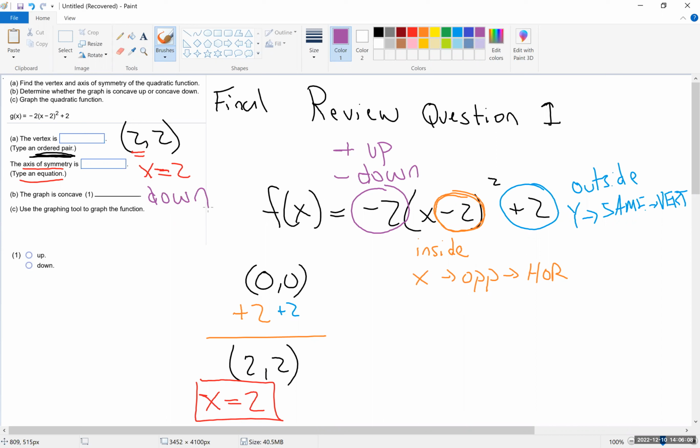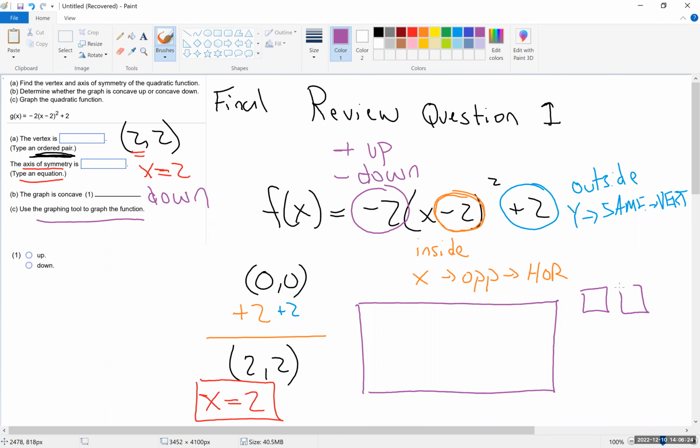Okay. Now, when it says use the graphing tool to graph the function, in my math lab, what it comes up with is the transformation tool. With the transformation tool, it will give you, is it a line? Is it a parabola? Is it an exponential, or is it a logarithm? You want to make sure that you select the tool that says quadratic.